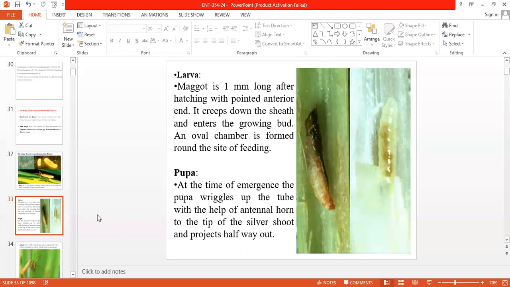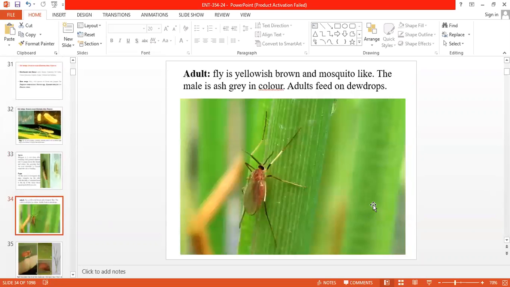So the pupal stage of that gall midge is at the base of the gall formed at the site of their infestation. Then the adult is mainly yellowish brown and looks like a mosquito. The male is ash gray in color. Adults feed only on dew drops.